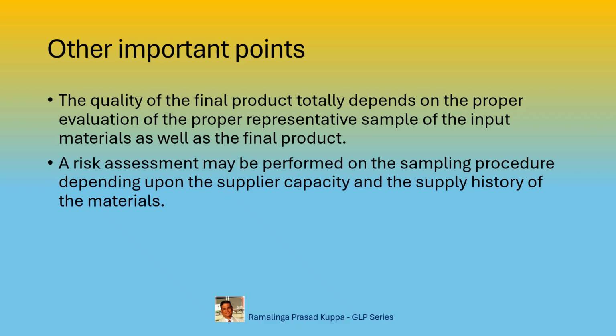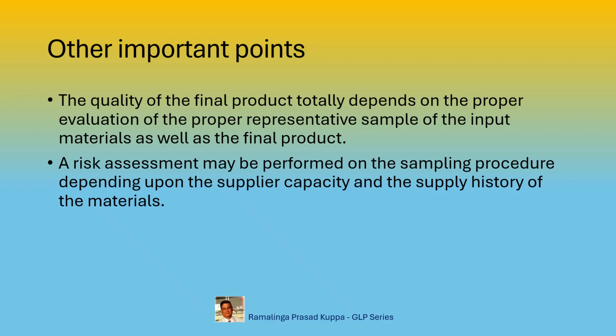A risk assessment may be performed on the sampling procedure depending upon the supplier capability or capacity and the supply history of the materials. ICH Q9 will help in designing the sampling procedures and plans. Depending upon the supply history, the sampling plans may be drawn for specific suppliers.